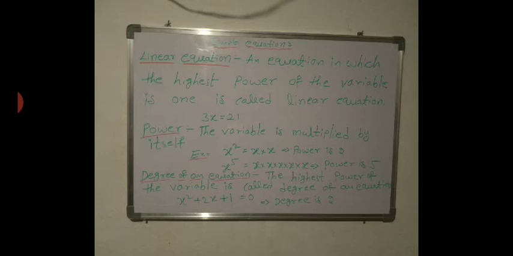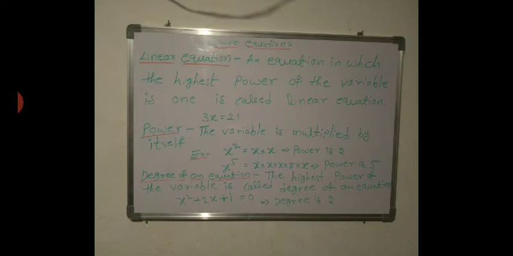An equation in which the highest power of the variable is 1 is called a linear equation. Once again, an equation in which the highest power of the variable is 1 is called linear equation.